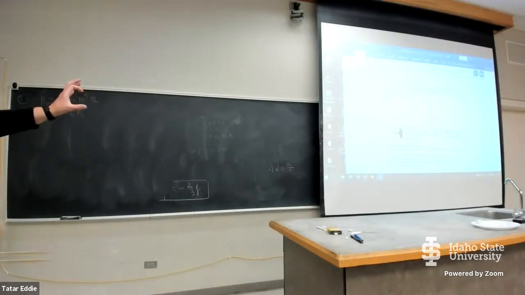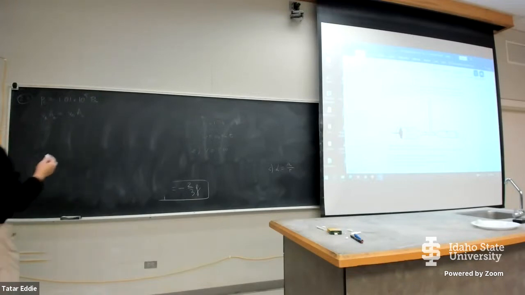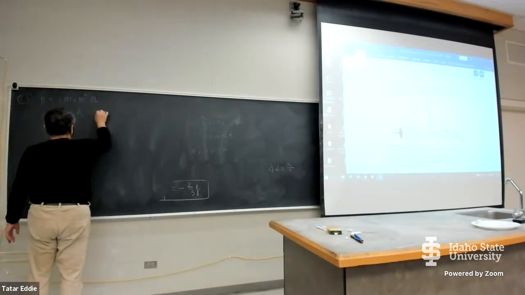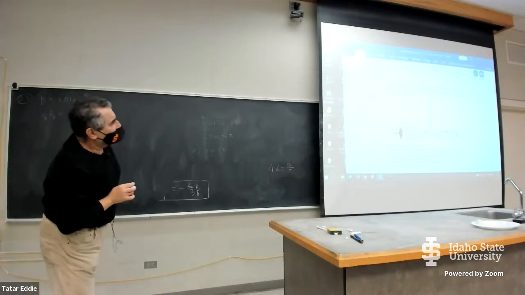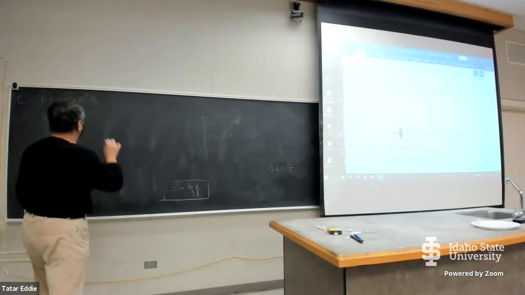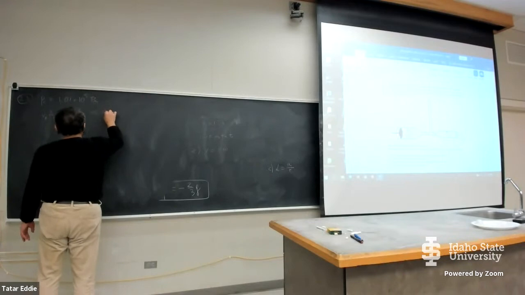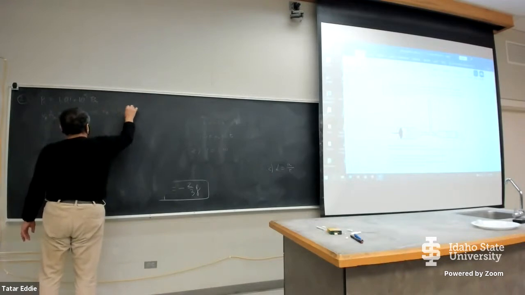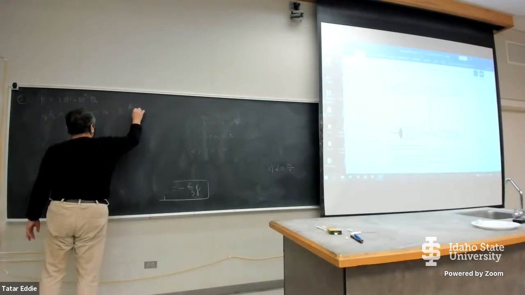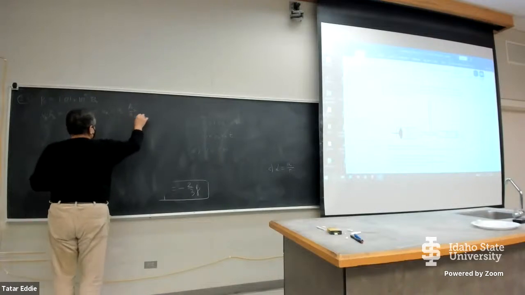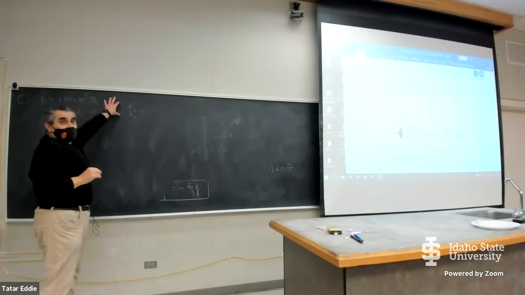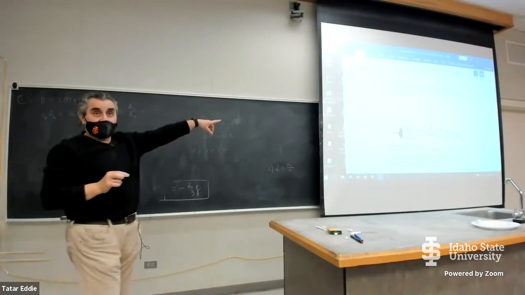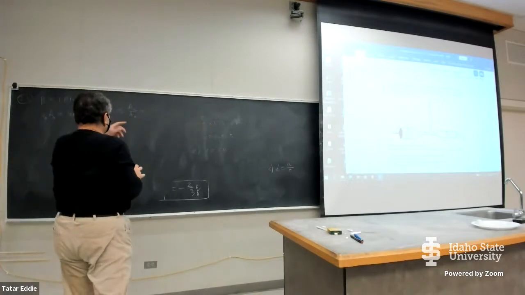So the cross-sectional areas are given, so you can immediately say that the speed at point A is equal to the speed at point C multiplied by the ratio of the area at point C divided by the area at point A. So the speed at point C is given, 8 meters per second.